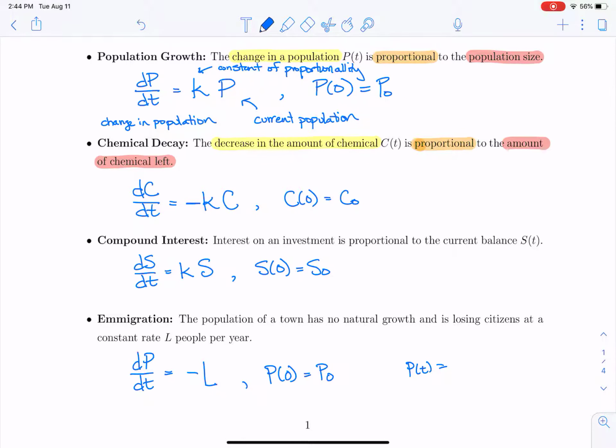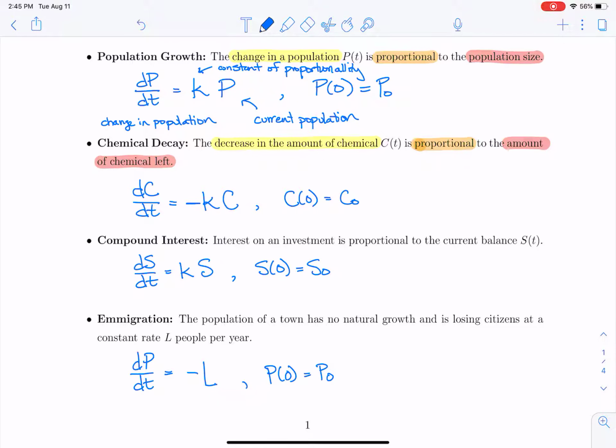And if you did a little bit of work, you would see it was P0 minus Lt. And that would be a very boring town to model. But there's a principle here that's important: if you have constant loss in a system, then we want to say that the derivative is minus a constant for that constant loss.